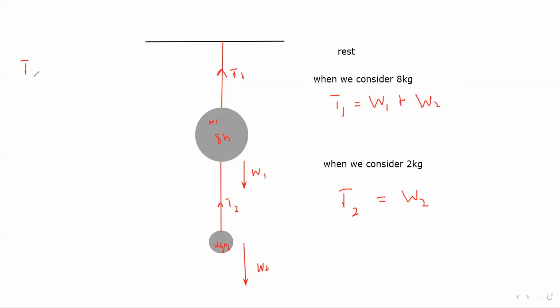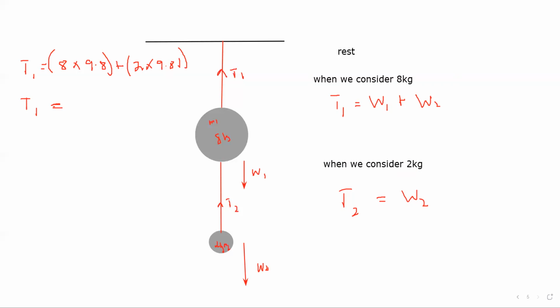So T1 is equal to W is equal to mg. So mass is 8 multiplied by acceleration due to gravity 9.8, plus the weight of the second, mass is 2 multiplied by 9.8. What's the final answer for T1? 8 into 9.8 plus 2 into 9.8. First multiply them and then add.